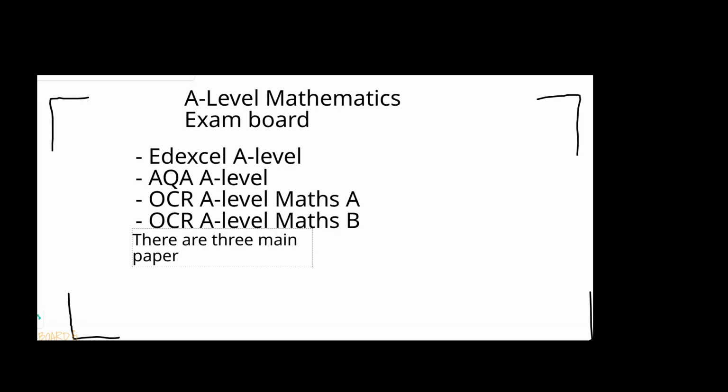So the three main papers that you will have are paper one, paper two, and paper three. Like I said earlier, I will talk more about OCR in a different video, but this is focused more on AQA to be honest.